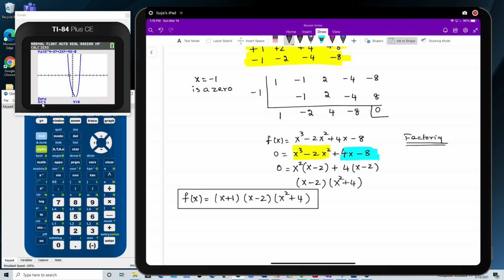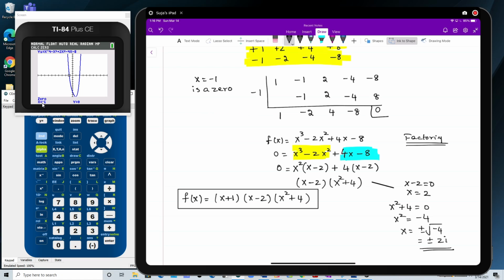So from here it's very clear that x minus 2 should be 0, therefore x equals 2. But if I take x squared plus 4 equal to 0, I will have x squared is negative 4, or x equals plus or minus the square root of negative 4, which is plus or minus 2i. So this is my complex answer.